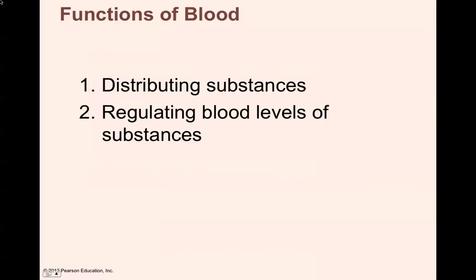So, what is the function of blood? One of the major functions is that it distributes substances throughout the body. It also has a way to regulate the blood levels of substances that are circulating in the body. And it also has functions of protection, and we'll talk about each of these.